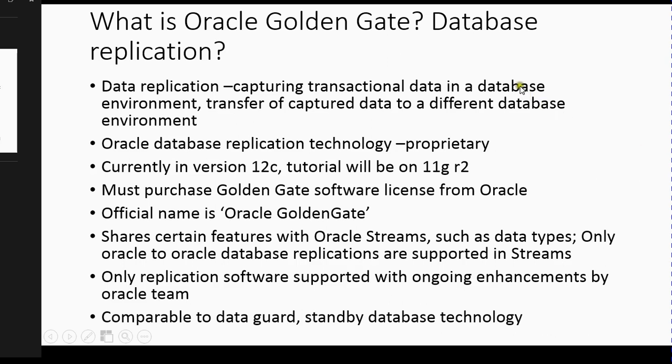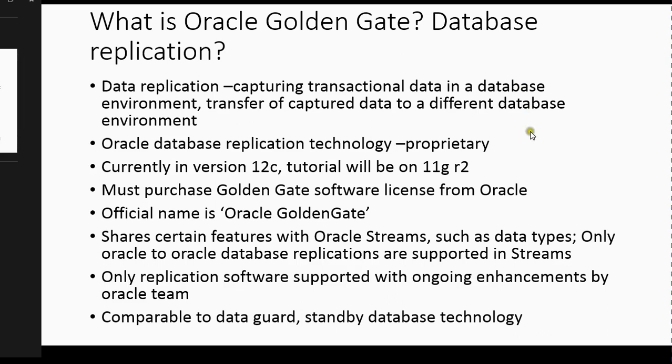If you ask yourself what Oracle GoldenGate is and what database replication is: database replication is just capturing transactional data in one database environment and then transferring that captured data to a different database environment.